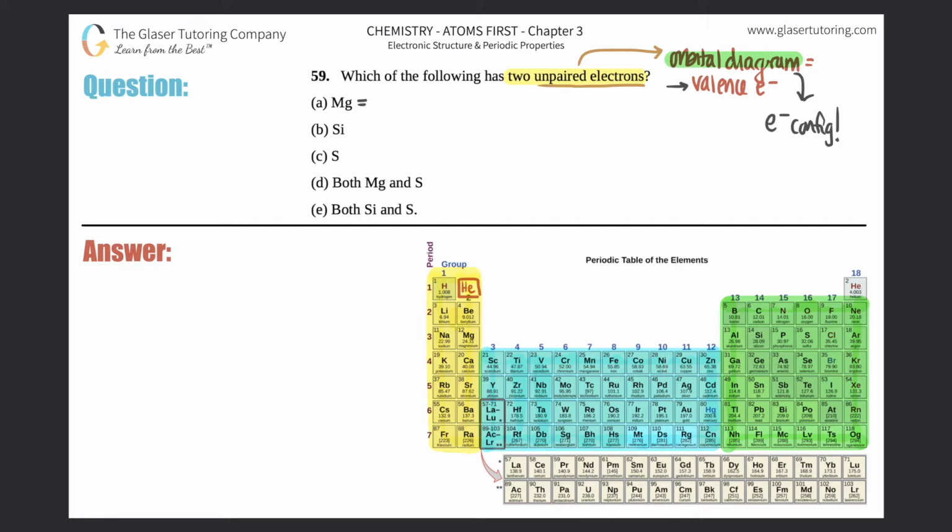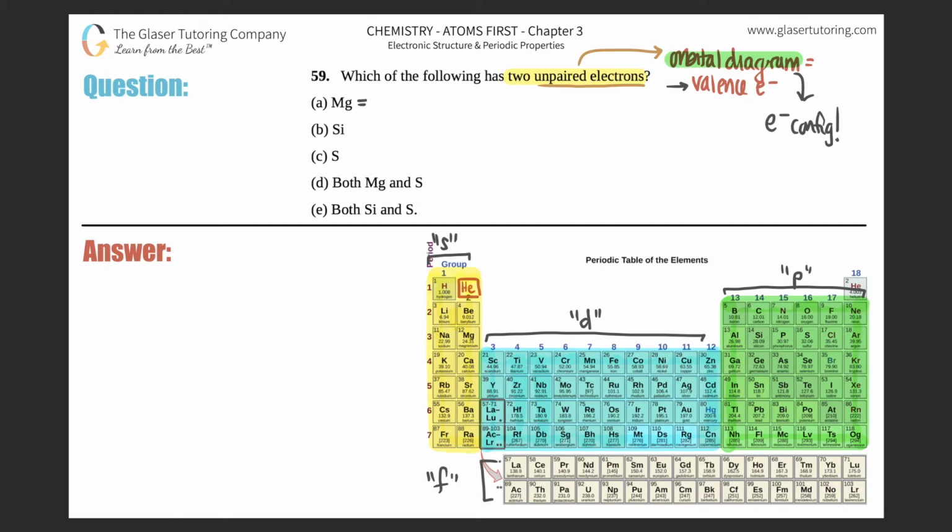Remember, the first two groups are where the s electrons are located. This is where your d electrons are, this is where your p electrons are, and this is your f electrons. And remember, when you're doing orbital diagrams and electron configurations, move helium right next to hydrogen, because it's really part of the s orbital, not the p's.